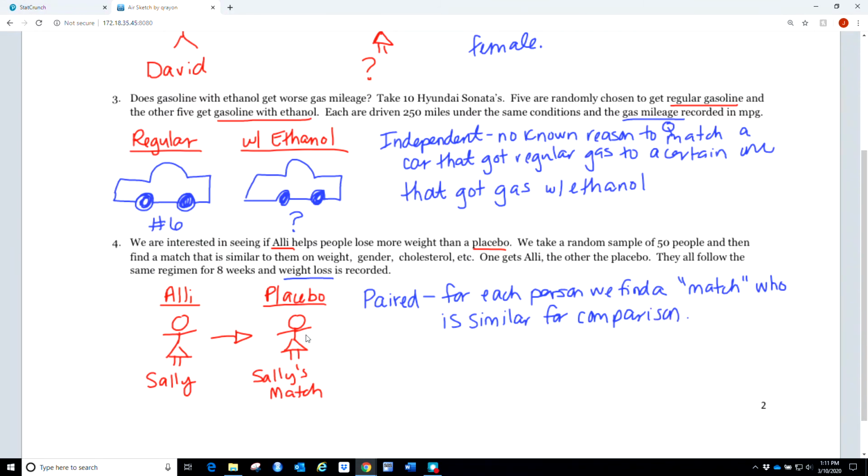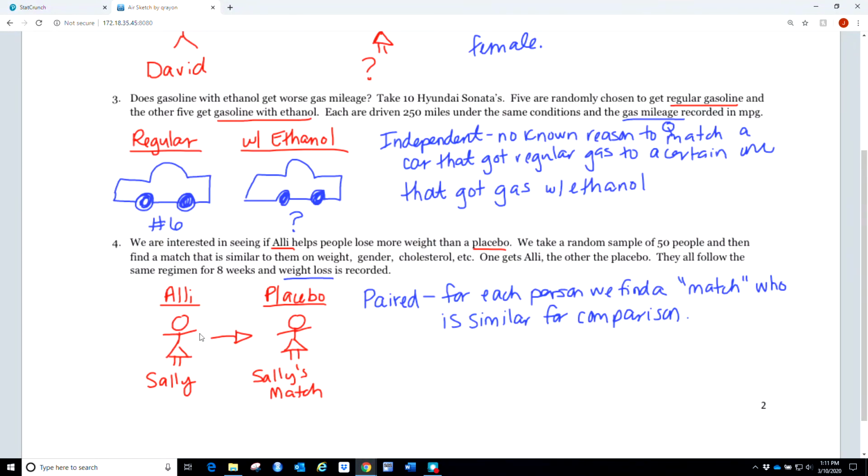So it does not have to be the same person or same item for us to actually have something that's paired. Here we found something that was very similar. Now, why would someone do that? Well, sometimes it's not possible for the same person to do 2 things. So for example, Sally can't take both Alli and a placebo. That would sort of defeat the purpose. And if they all took Alli first and then a placebo, then I'd have to worry about that.